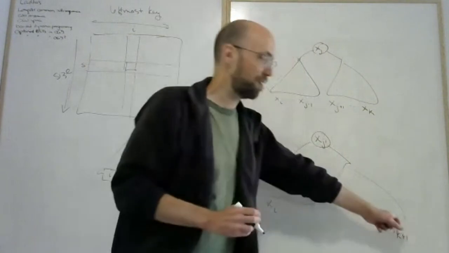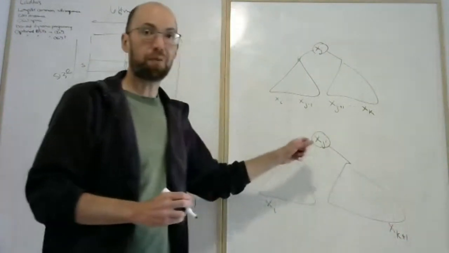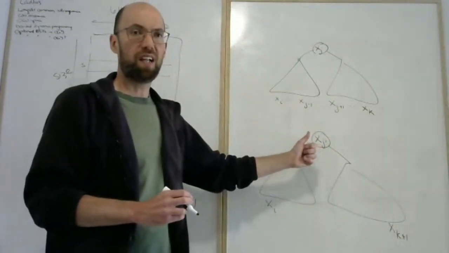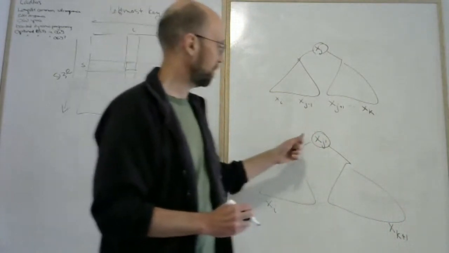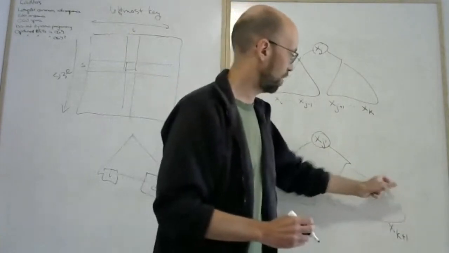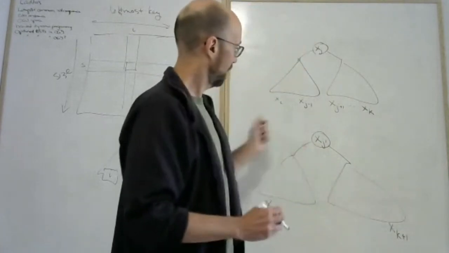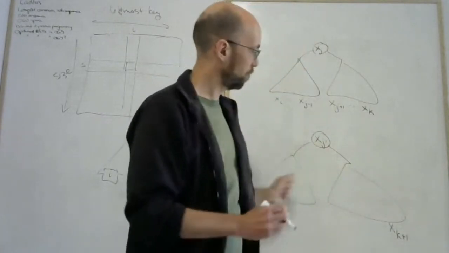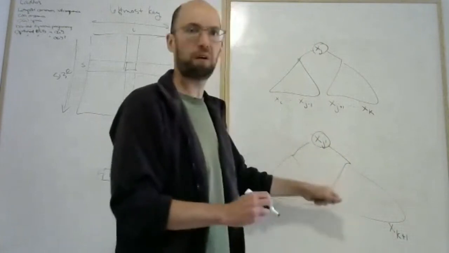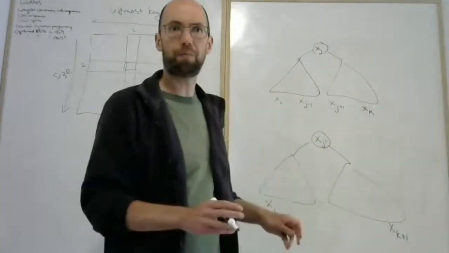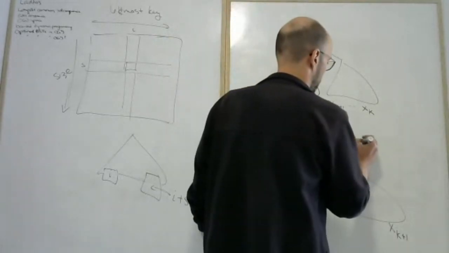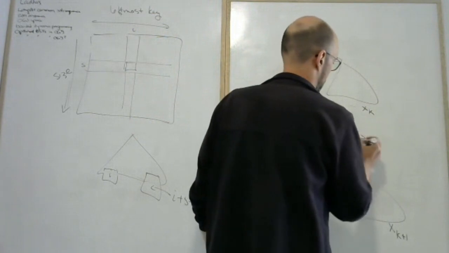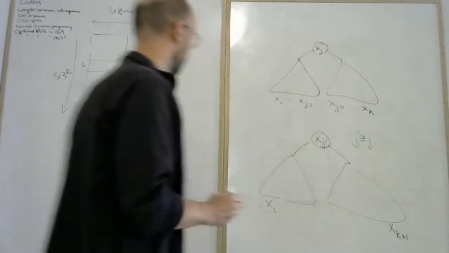If you add stuff on the right, the optimal root can't move left. So it can't be the case that you add stuff on the right, and then you find out that actually you should move even more stuff from the left to the right subtree. That doesn't happen. So j' is greater than or equal to j.